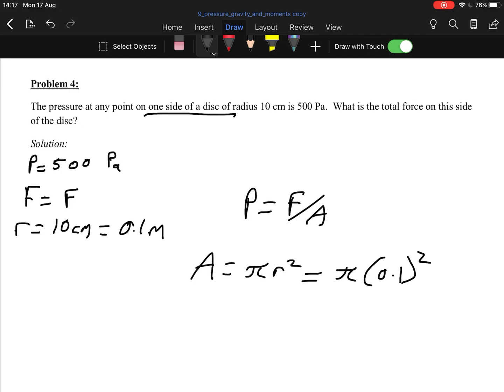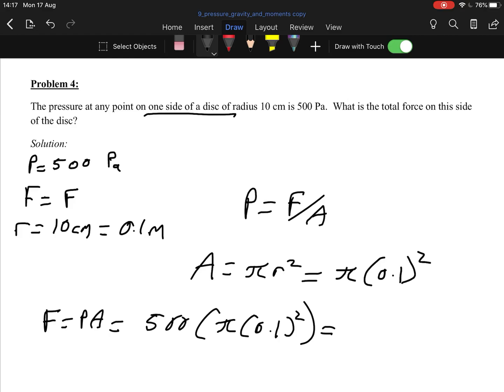Yep, so anyway, we continue on. So now we're okay. Therefore, P equals F over A, F equals PA, which equals 500 times pi times 0.1 squared, which should give us 15.7 newtons. Yeah, there we go.